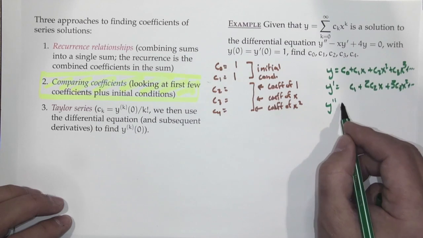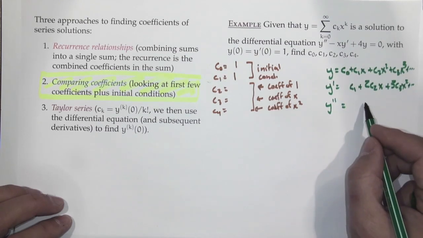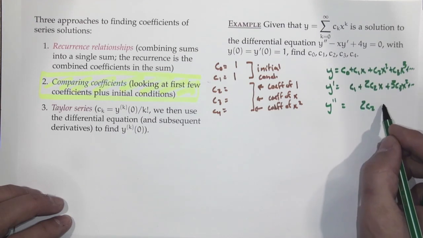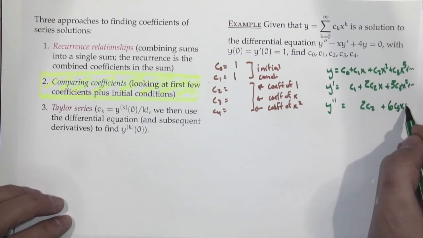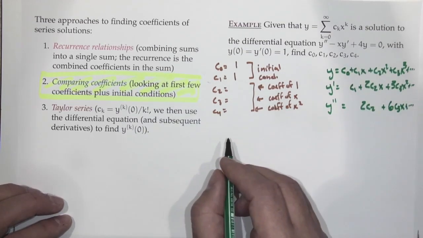Y double prime will look like 2c2, 6c3x, dot, dot, dot.